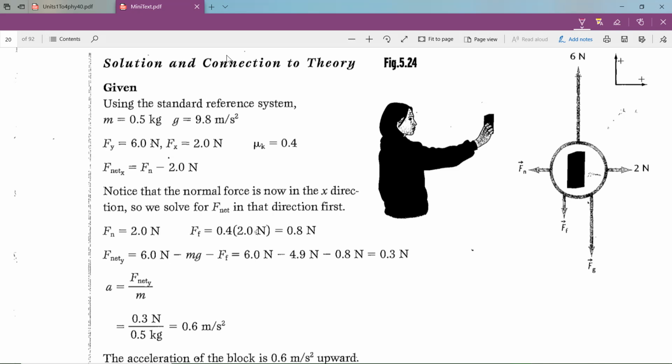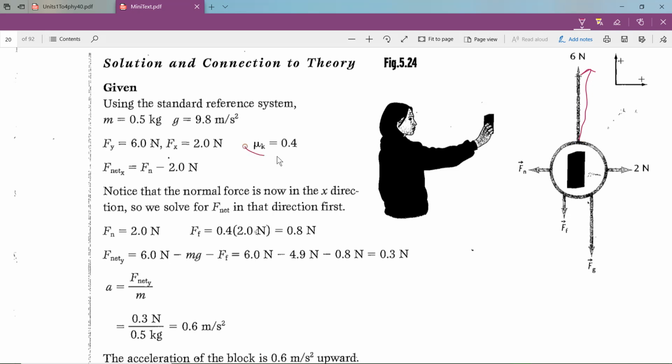We want to find everything we can about it. So going up at 6 newtons, well, gravity's going down and friction's going down because friction opposes the motion. You're pushing in at 2 newtons, so my normal force has to be 2 newtons.